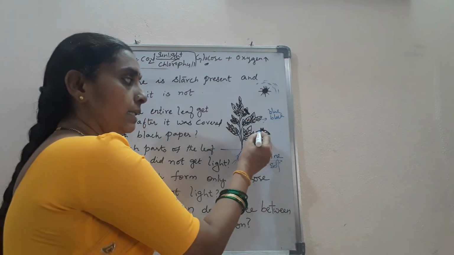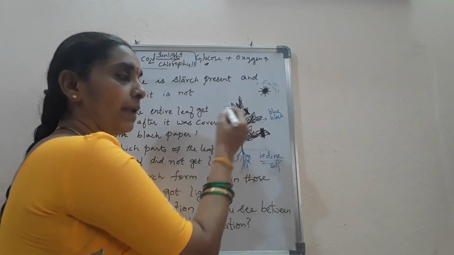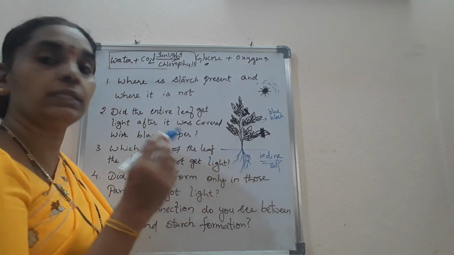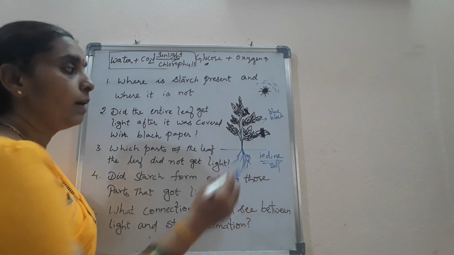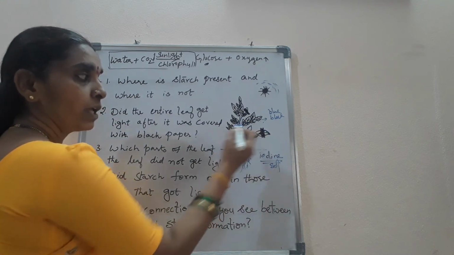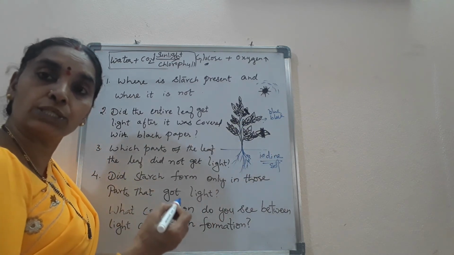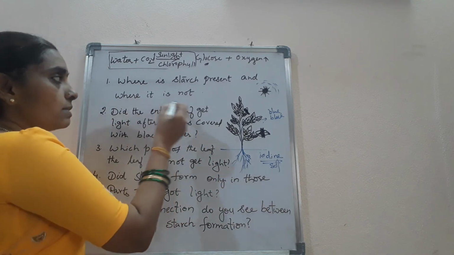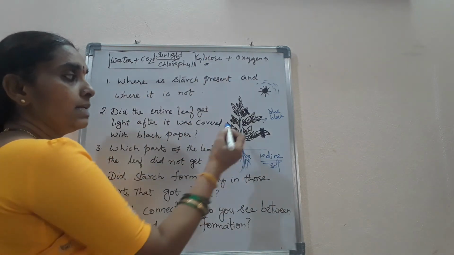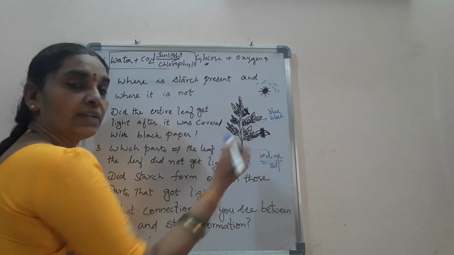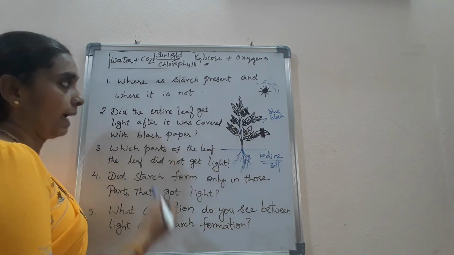Then you can see that the portion of the leaf that is covered by the black paper does not turn blue or black, but the portion of the leaf that is not covered with black paper turns blue or black. So where is the starch present? Starch is present in the portion of the leaf that is not covered by the black paper.